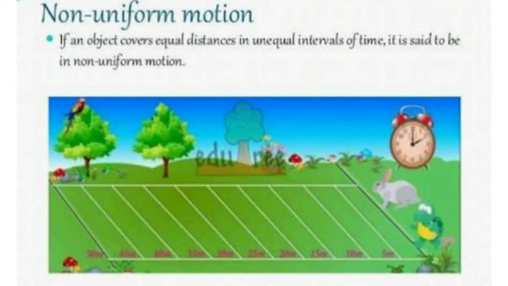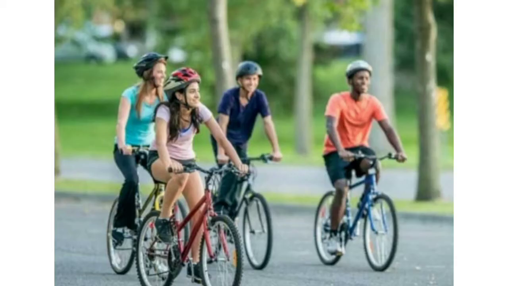Next one is non-uniform motion. If an object covers unequal distances in equal intervals of time, it is said to be in non-uniform motion. For example, a cycle moving with variable speed will represent non-uniform motion.